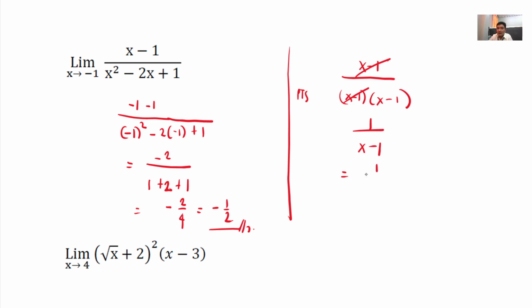So the limit as x approaches negative 1: negative 1 minus 1 is still negative 1 half. Same lang sila pag sinimplify mo muna bago mo sinubstitute. Okay? Pero kung may value naman na hindi indeterminate, pwede nang ito, kahit wag mo na munang isimplify. Nagsisimplify ka lang if ang function mo, once na sinubstitute mo yung value ng x is equal to 0 all over 0 or indeterminate.